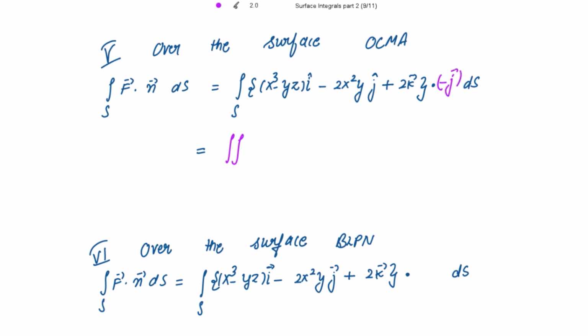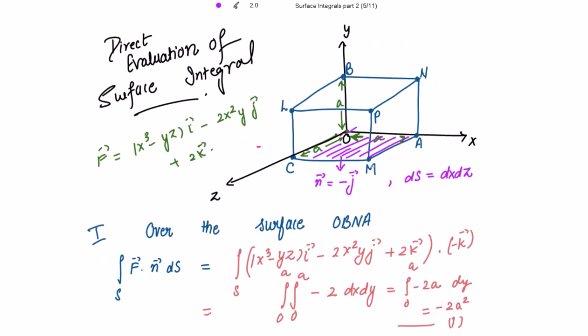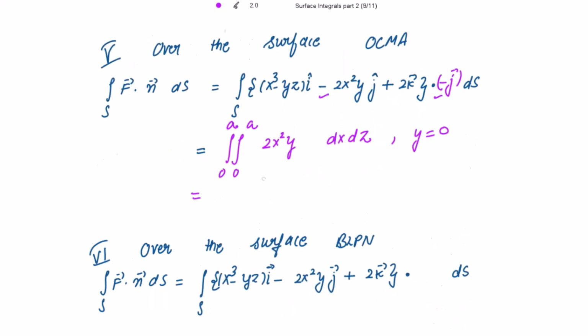When taking the dot product, these two have the negative sign, so we get 2x square y, and ds will be dx dz, limits from 0 to a. Now for this surface, y is 0, because this surface is in the xz plane. So the integrand is 0, which means this surface integral is 0. Y is 0 on OCMA.